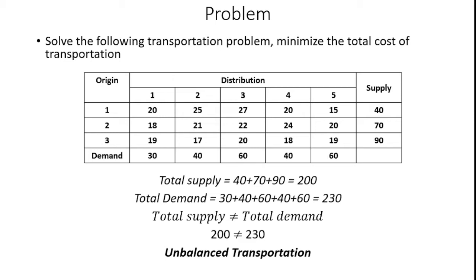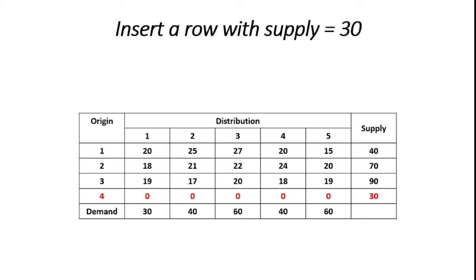So what can we do with this unbalanced transportation model, and how can we solve this kind of unbalanced transportation model? Let's see. For this kind of unbalanced problem, either demand or supply has a lack of data, or lack of cost or time.